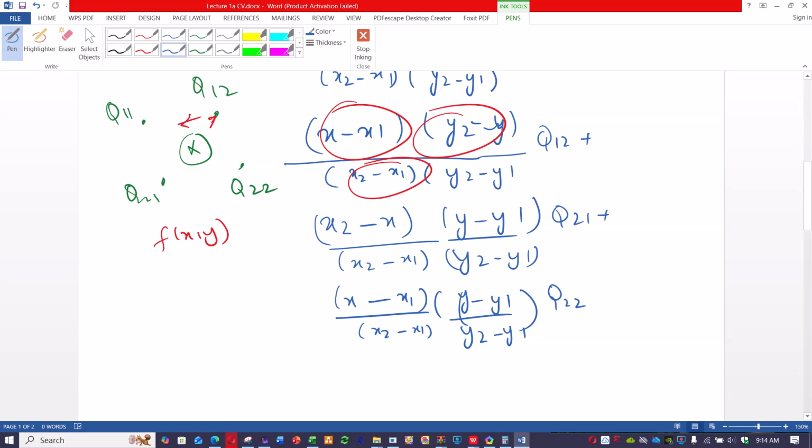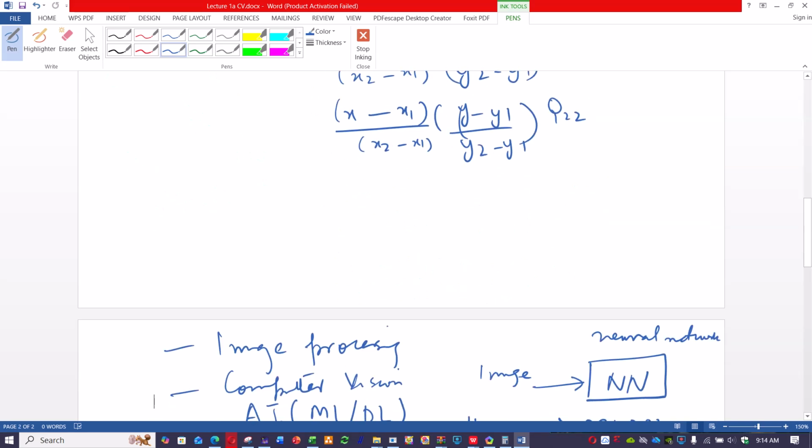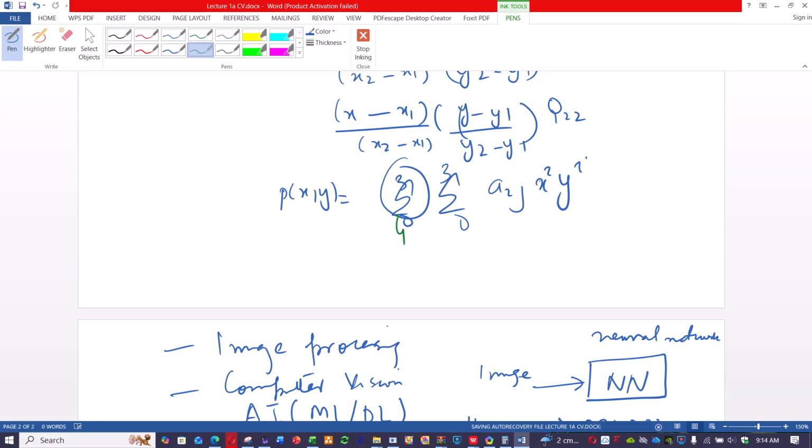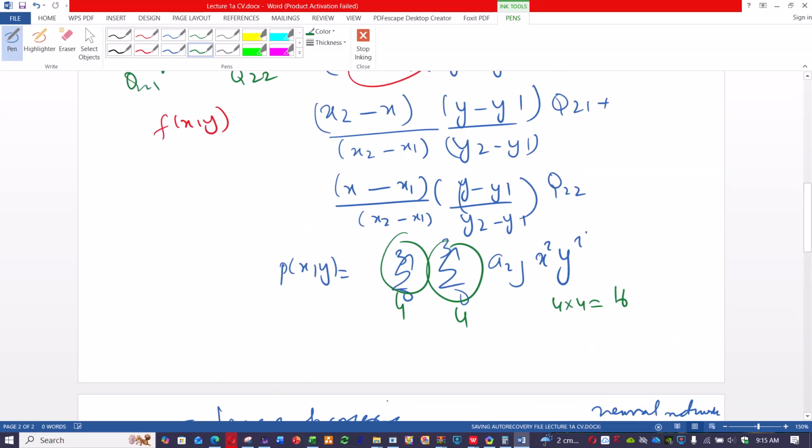However, in the case of bicubic interpolation, we have the sum from 0 to 3, 0 to 3, of a_ij x^i y^j. If you look at the indices, they are 4, this would also be 4, and 4 into 4 would be equal to 16. That means you need 16 pixels to actually calculate one value.